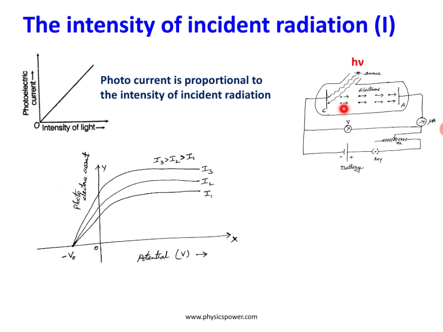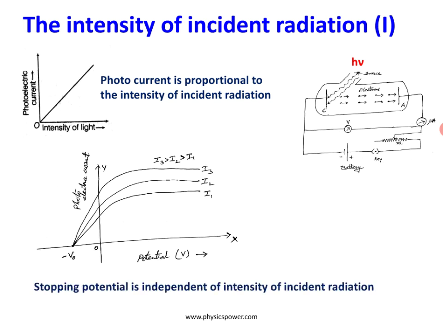So the potential required to stop those electrons is also constant. That is why we got the same stopping potential. So the stopping potential is independent of the intensity of incident radiation.